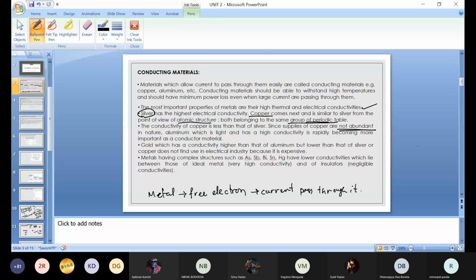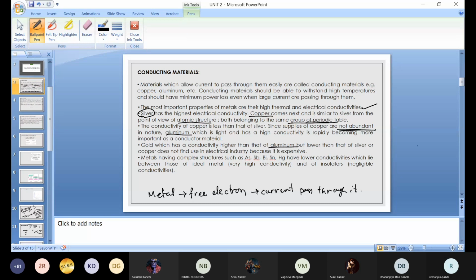The next available material is aluminum. The highest amount of metal available in the earth's crust is aluminum, and it has good conductivity of electricity, even though not more than silver or copper. Gold also has good conductivity, at least more than aluminum.